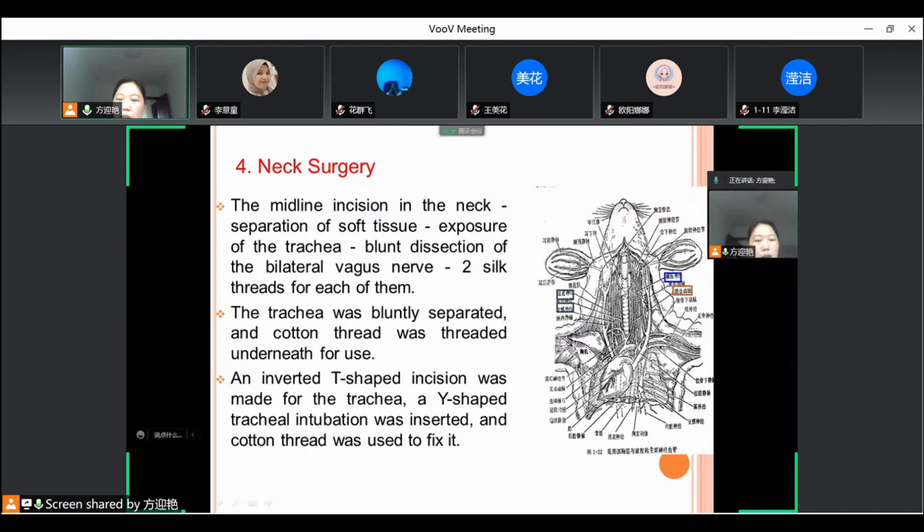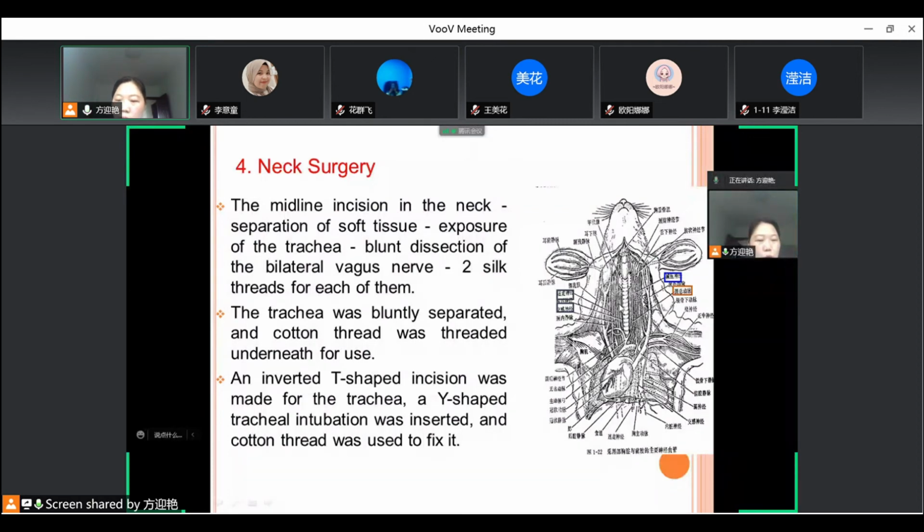We can see here, we expose the trachea. We distinguish the vagus nerve, and under each of them there are two silk threads. I hope you also find the carotid arteries and the neck veins.